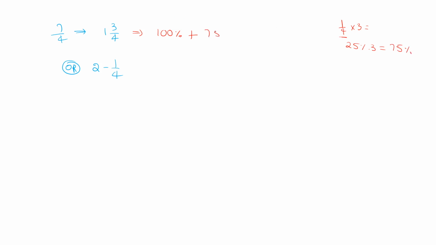So the addition of 100% and 75% is going to be 175%.